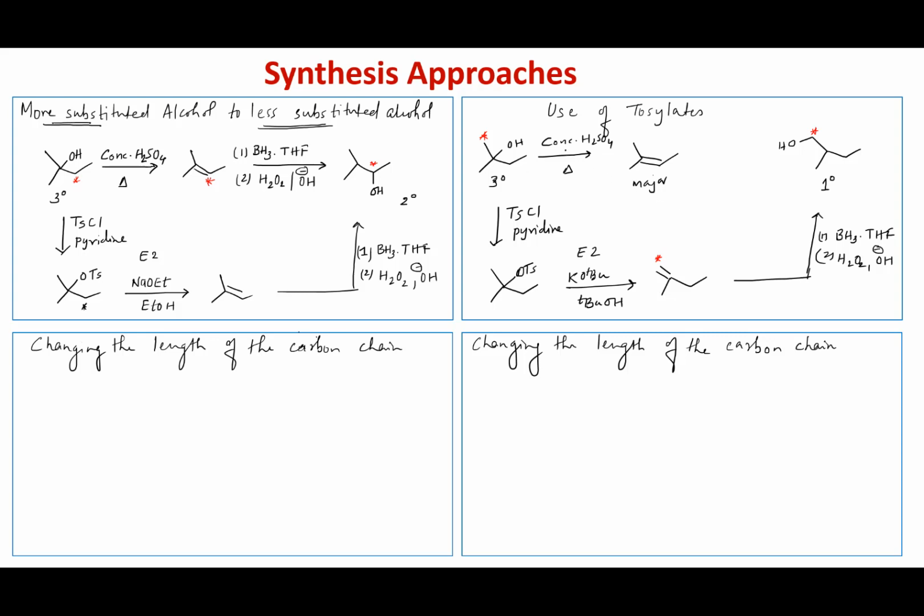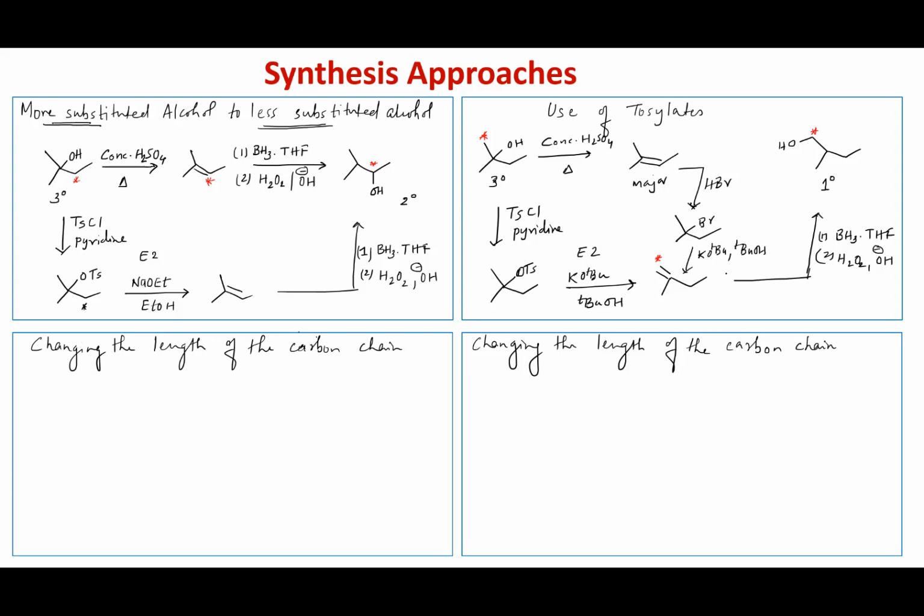And on the other path where we did a dehydration initially, from that alkene, I could do a hydrohalogenation if I wanted to continue along that path. If I do a hydrohalogenation, it will give me an alkyl halide, and that alkyl halide can be converted into this less substituted alkene using a bulky base.